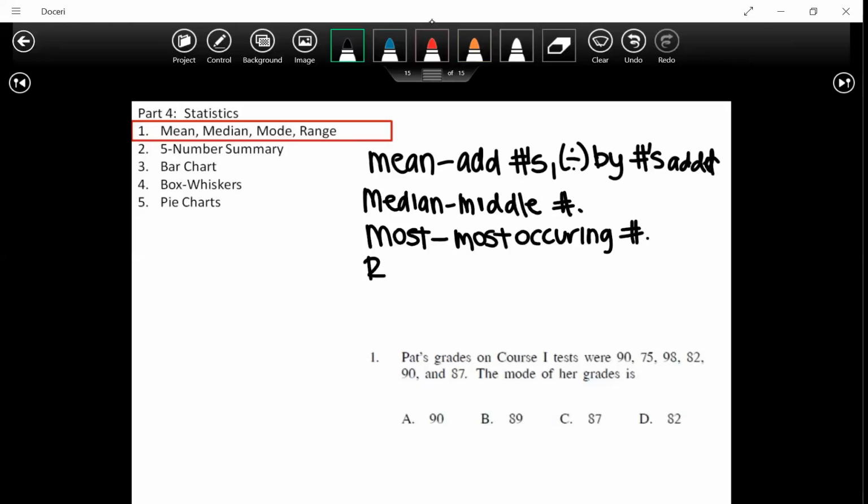Range, biggest number minus smallest number. Boom. Biggest number minus smallest number. Done. Okay. Those are what you have to be able to do with those for them. Okay.